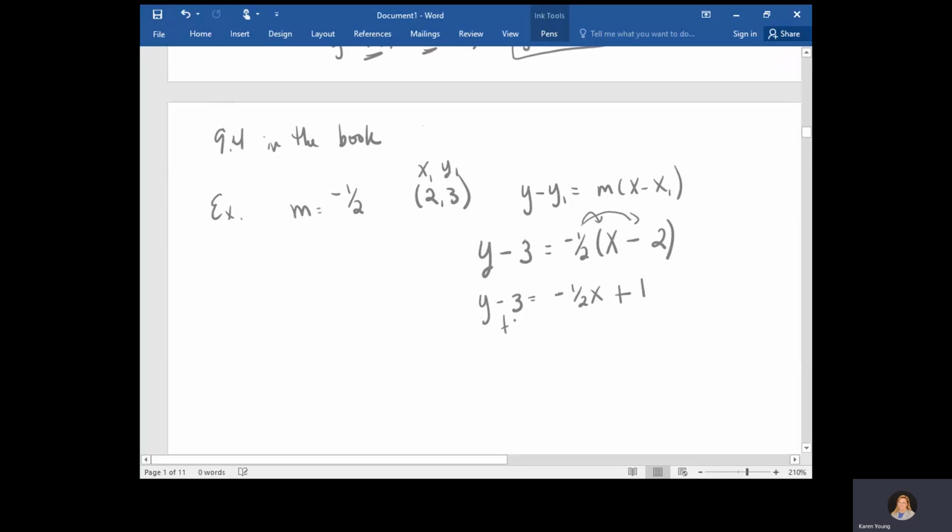We'll go ahead and add my 3 over. So y equals -1/2 x plus 4.